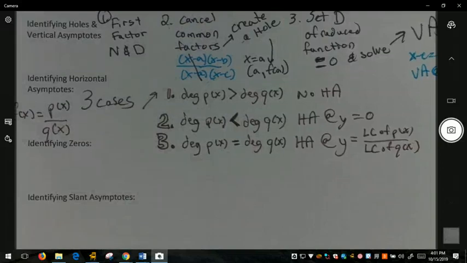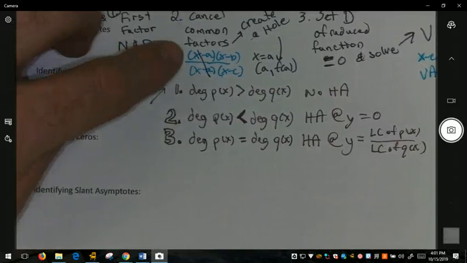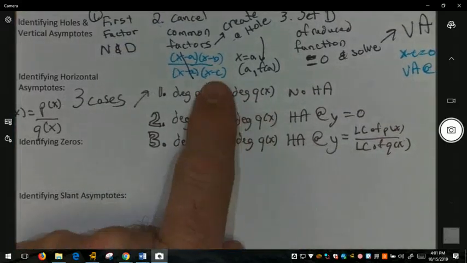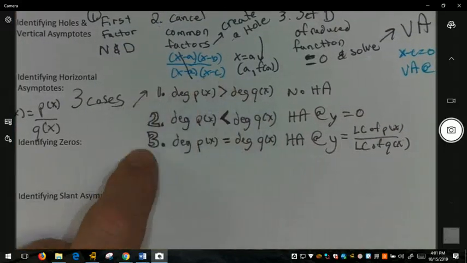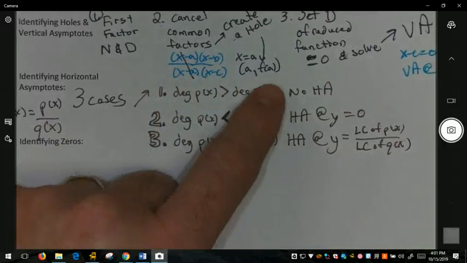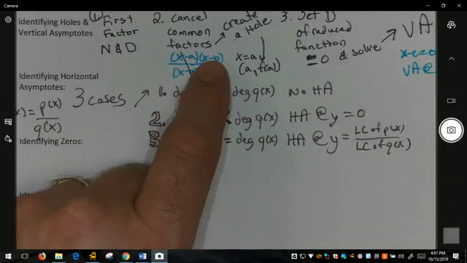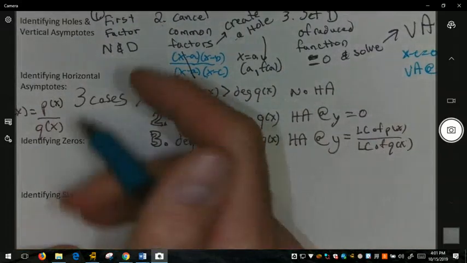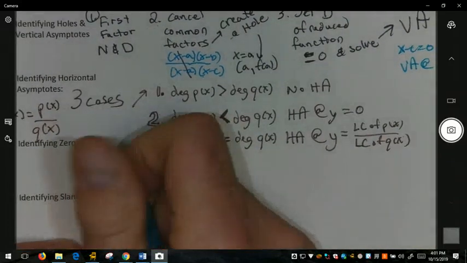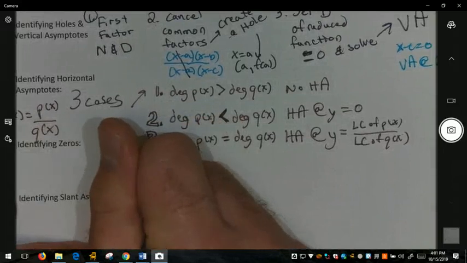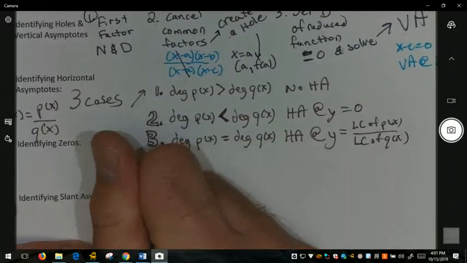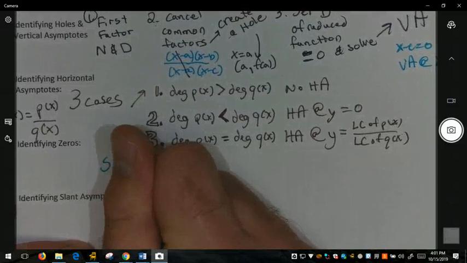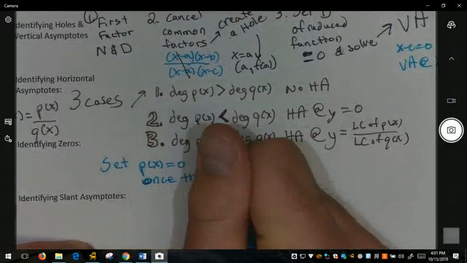Identifying the zeros. Once we've identified any holes, any vertical asymptotes, and any horizontal asymptotes, we're going to take the remaining numerator of our simplified function and set it equal to 0. Set p of x equal to 0 once the function has been simplified.